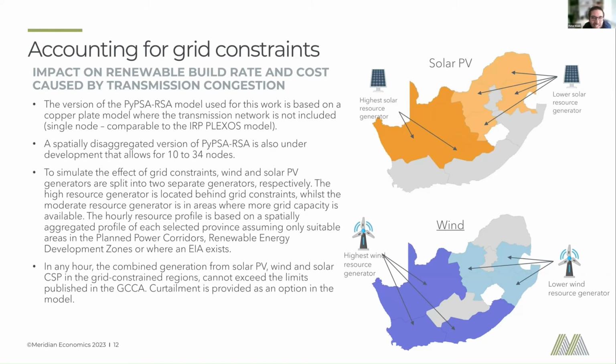So basically, solar and wind, we took an aggregate of the provinces with the highest resource profiles, and then we called that our solar PV generator, and then we had a lower solar PV generator in slightly lower resource profile regions. That's much more applicable to wind, for example.